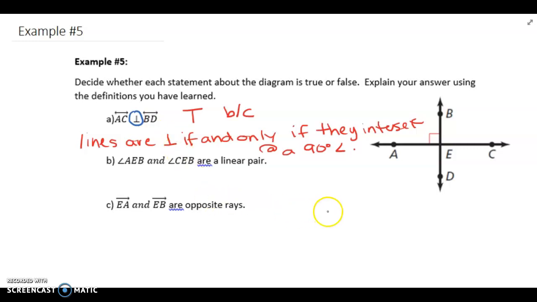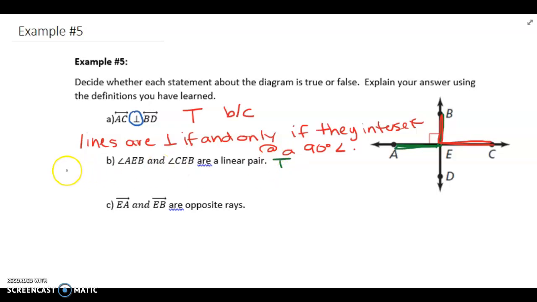Angle AEB is this angle right here. Angle AEB and angle CEB, which is right here, are a linear pair. Is that a true statement or a false statement?